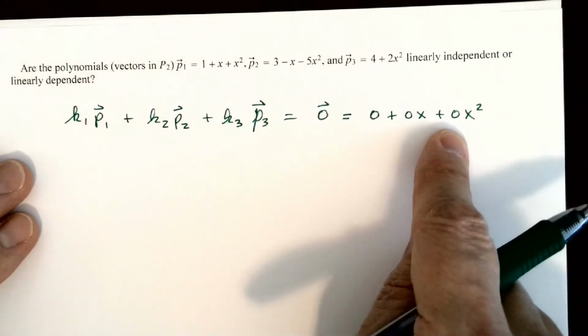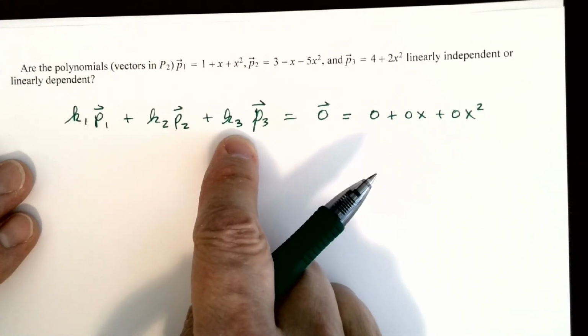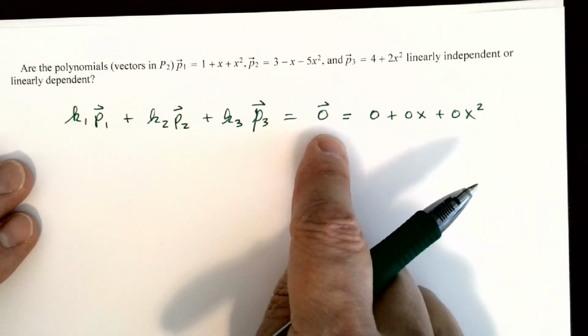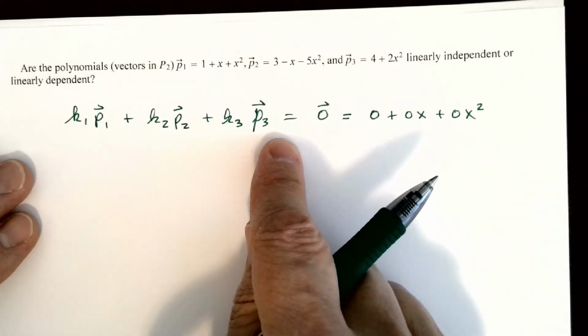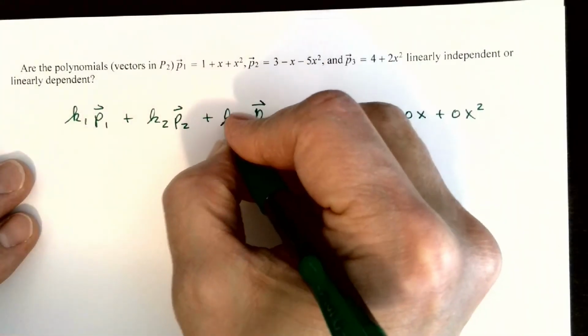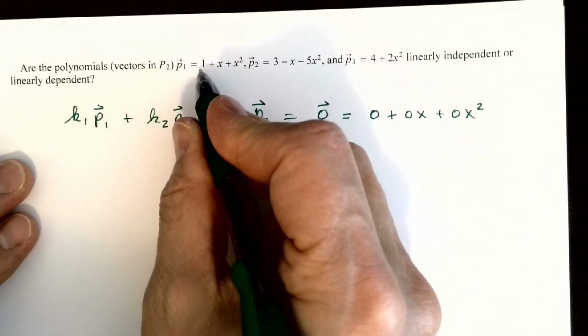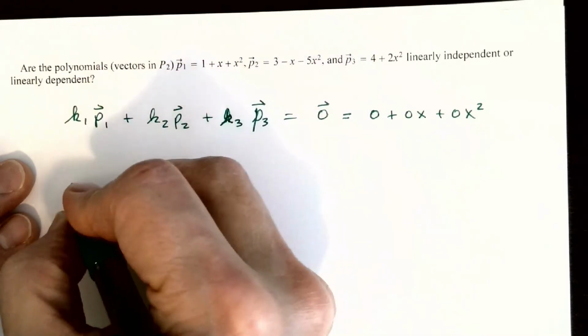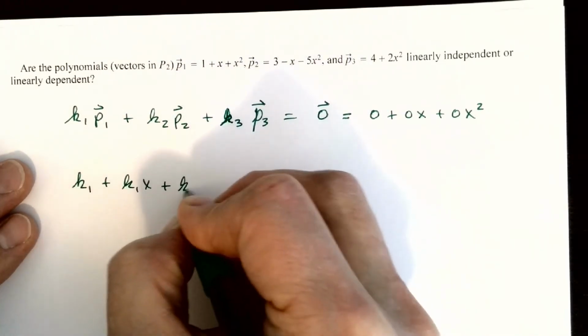So how do I solve? What I'm looking for is whether there are values of k1, k2, and k3, not all 0, such that this equation is satisfied. If that's the case, they're linearly dependent. If it's the only solution, then they're linearly independent. So what is k1 times P1? Just distribute: k1 plus k1x plus k1x squared.